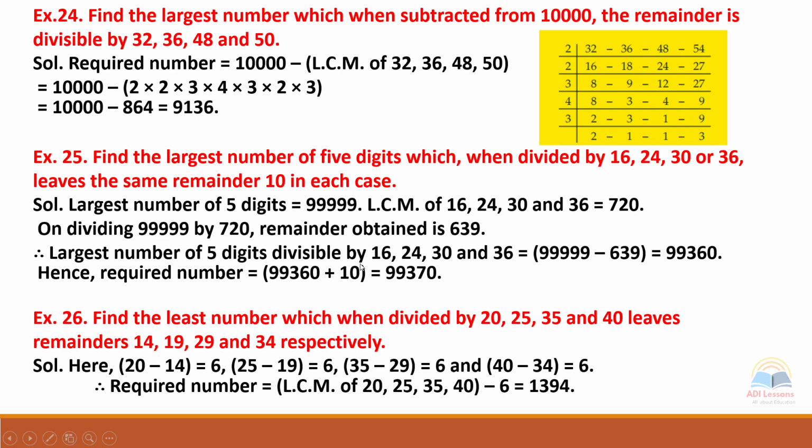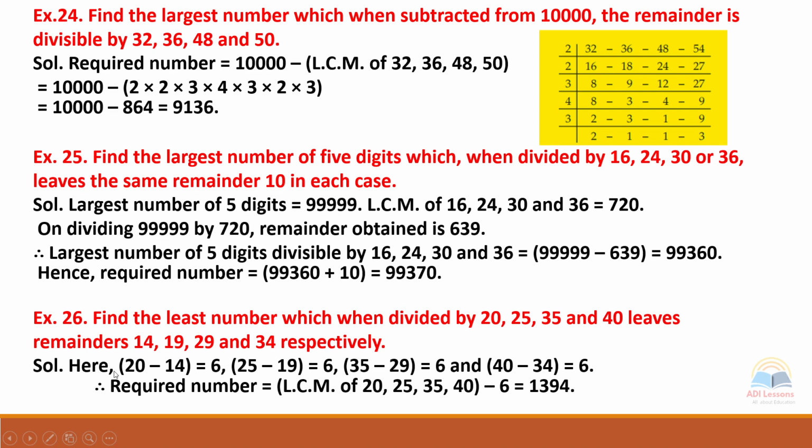Largest number of 5 digits divisible by 16, 24, 30 and 36 is equal to 99,999 minus 639, which is equal to 99,360. Hence required number equals 99,360 plus 10, that equals 99,370.